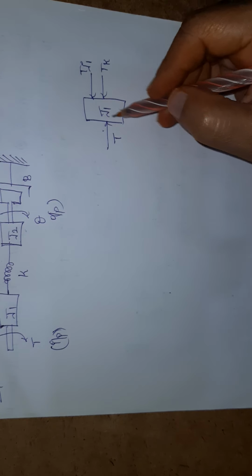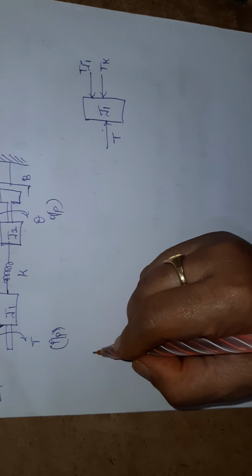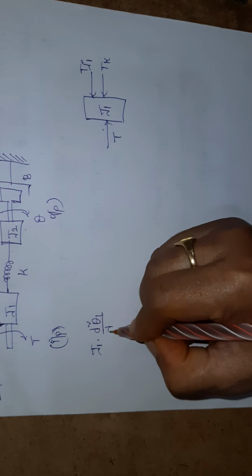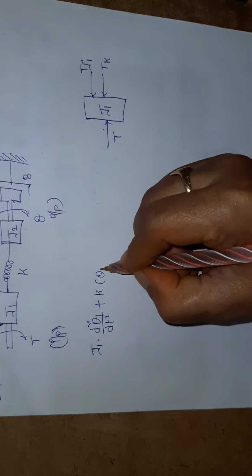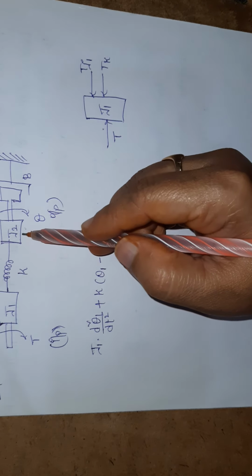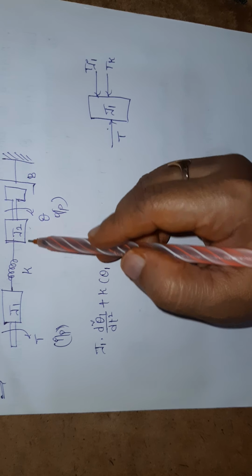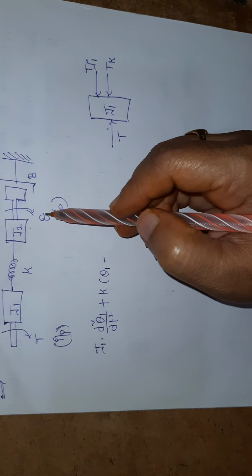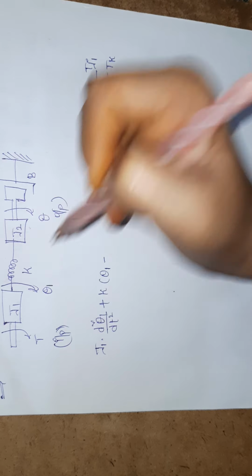In the case of Tj1, J1 into d square theta 1 by dt square plus k into theta 1, because this k element is in between J1 and J2. If it is in between J1 and J2, here theta is given. I am considering one displacement theta 1 here.